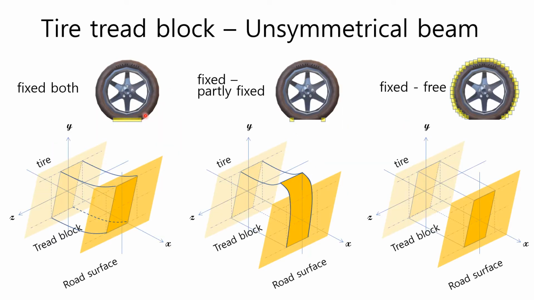In the tire contact patch, tread block can be analyzed as a beam with both ends fixed. In the edge between tire contact patch and the free region, with one end fixed and the other end partly fixed, except for those with one end fixed and the other end free.